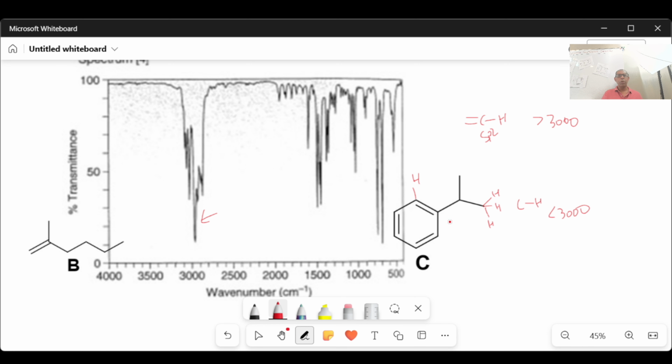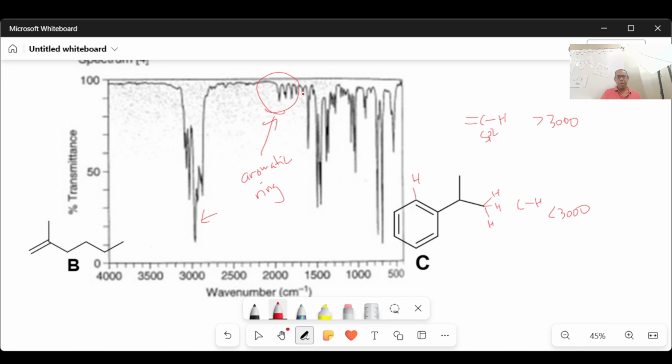But as I already told you earlier, there are very characteristic overtone signals. If you see this, it goes up to even 1800, I believe 1900. These are all called overtones. These are related to aromatic ring, so this compound will not have these overtones here. Overtones are characteristics of aromatic ring.